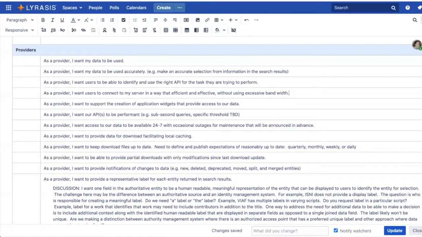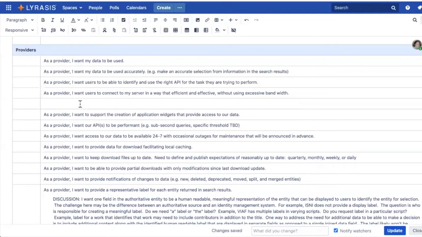Excellent. Can I comment on this? Sure. This is Hetty here. We noticed that sometimes, especially automated processes that use our API, have a tendency to overload our system.